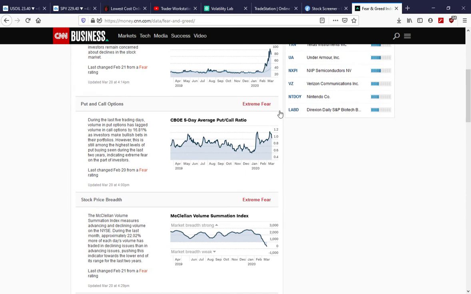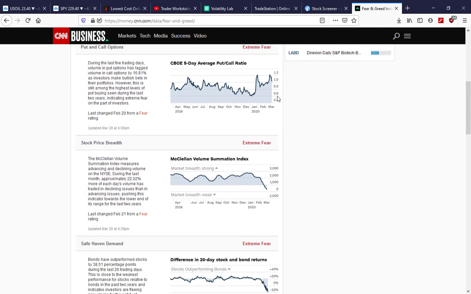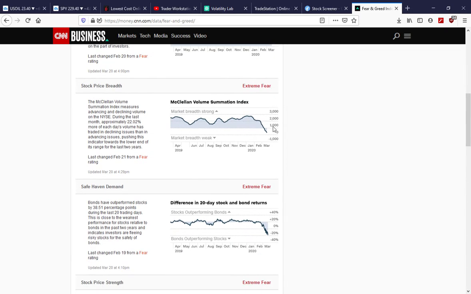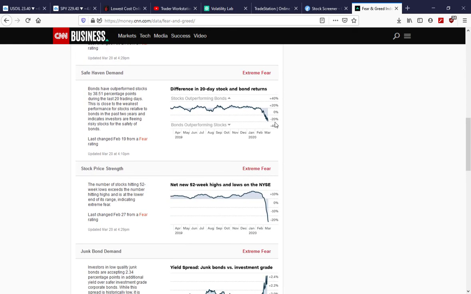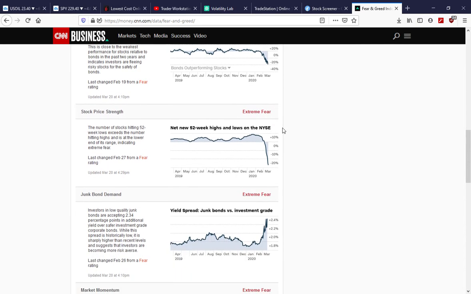It's not over yet, but we're likely to get a bounce. So in stocks, puts are coming off a bit. Put call ratio puts have come off a bit, and the volume index is still bearish, but stocks relative to bonds is obviously down. Stocks are obviously down compared to bonds.